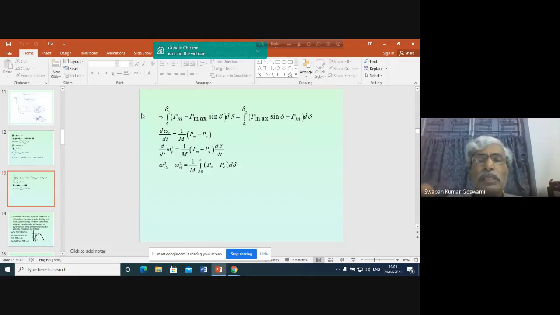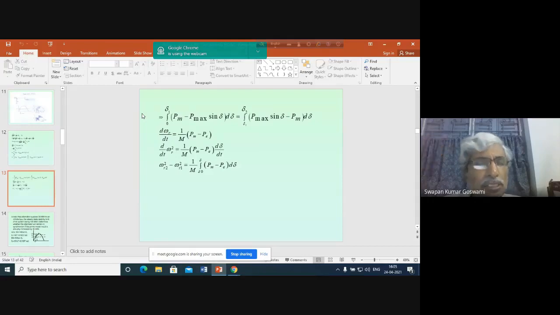Obviously, this requires that we have a generator connected to an infinite bus, as if there are no other machines. Why are there no other machines? Because we are ignoring the presence of any other oscillation in the system. That's why we can apply this criterion, because we are depending upon the first swing of the generator only. The first swing will be able to determine stability of the generator if and only if there are no other oscillations available in the system.